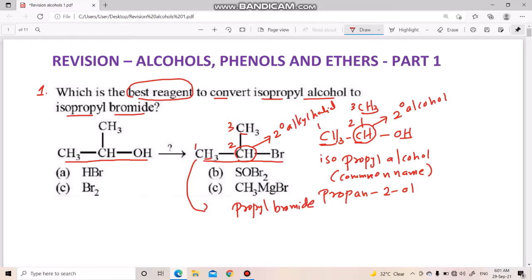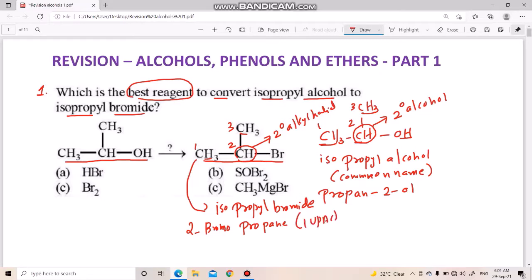This secondary alkyl halide with 3 carbons is commonly known as isopropyl bromide. The IUPAC name: propyl, and second position bromine, so 2-bromopropane is the IUPAC name.